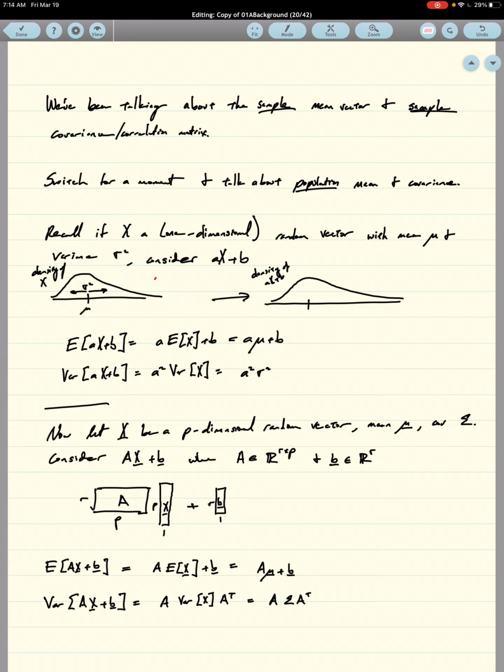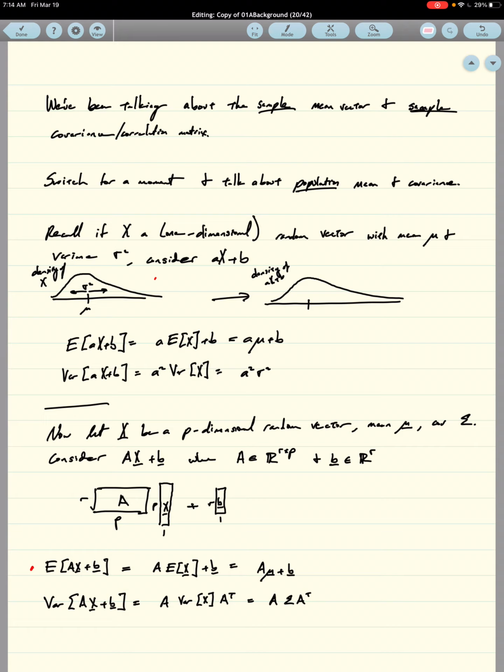And the way that works for the mean is really the same way. We still have linearity. This is relatively easy to show, but I'm not going to take the time to do that.